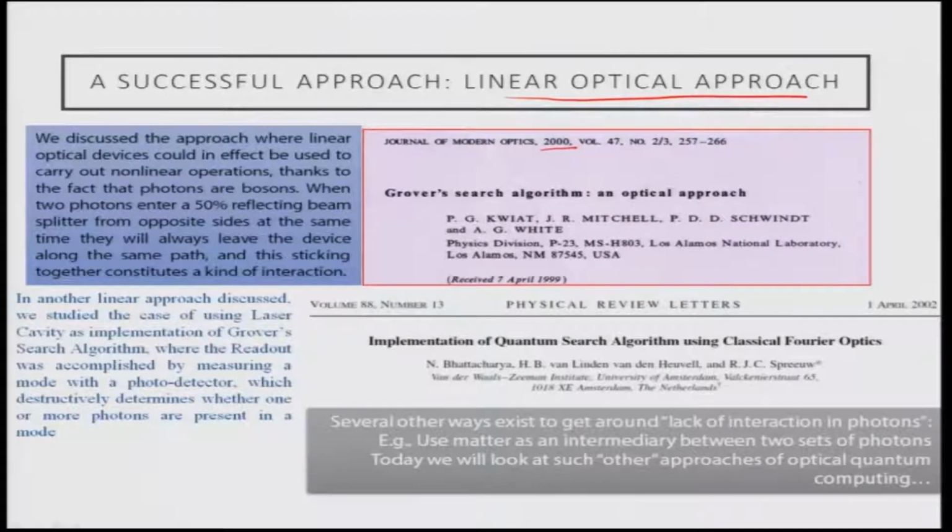There are several ways to get around the lack of interaction in photons, and one of the ways, over and above these approaches, is to use matter as an intermediary between two sets of photons. In the slides which follow, we will look at such other approaches to optical quantum computing.